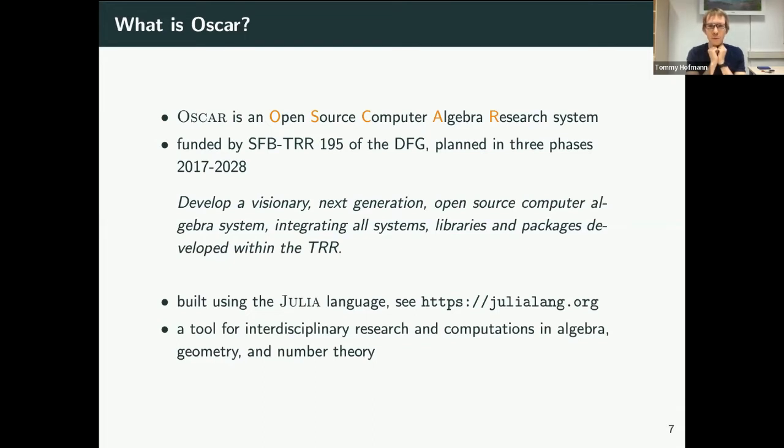And what is OSCAR? Without this vision statement, we consider it as a tool for interdisciplinary research in computations in algebra, geometry, and number theory. And this interdisciplinary part is what I also try to highlight or emphasize in this talk.